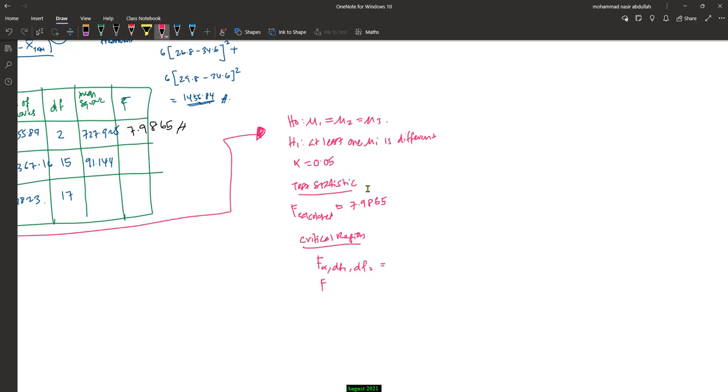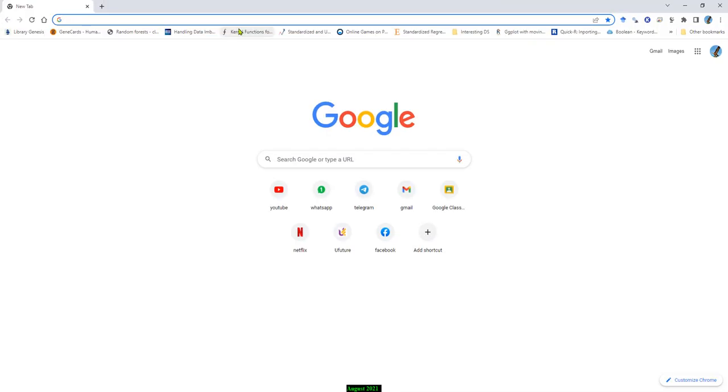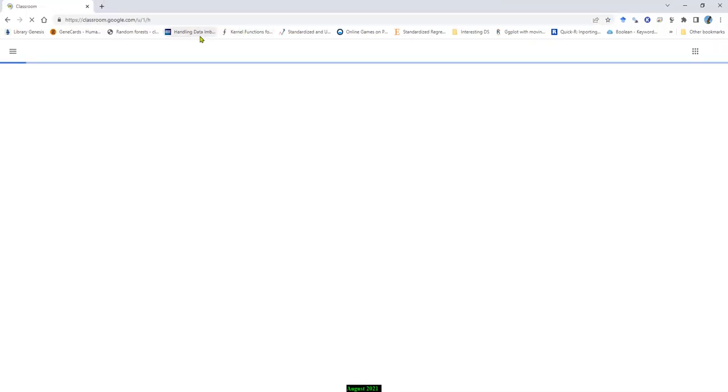So F 0.05, degree of freedom number 1 is 2, degree of freedom number 2 is 15. So you need to open your statistical table. Where is your statistical table? Google Classroom.